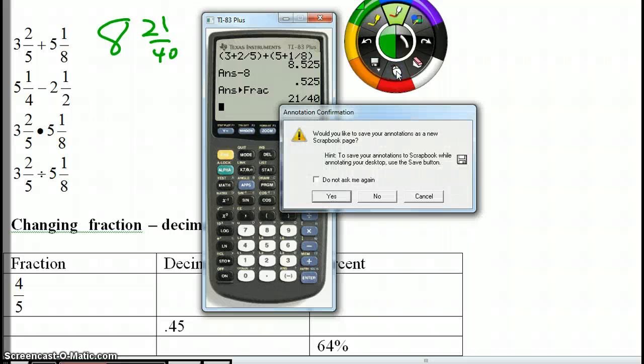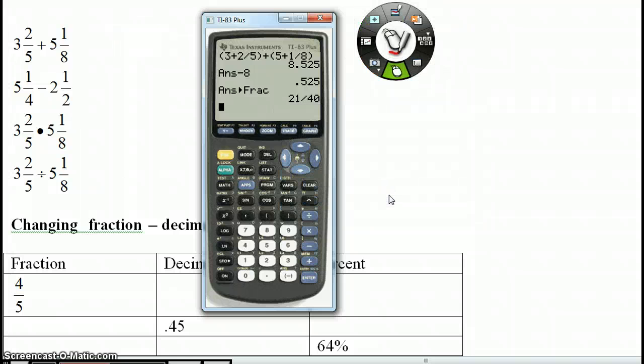Again, get your calculator out. A couple different things when we're punching number 2. First off, we have to say 5 and 1/4, so we have to type it in like that. Then we'll do our subtraction. Anytime you use fractions, we want to use parentheses. 2 and 1/2.